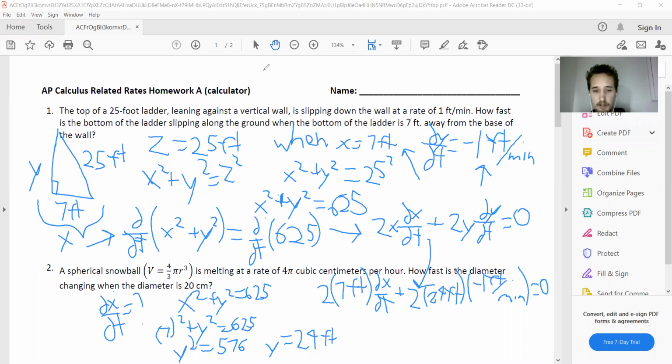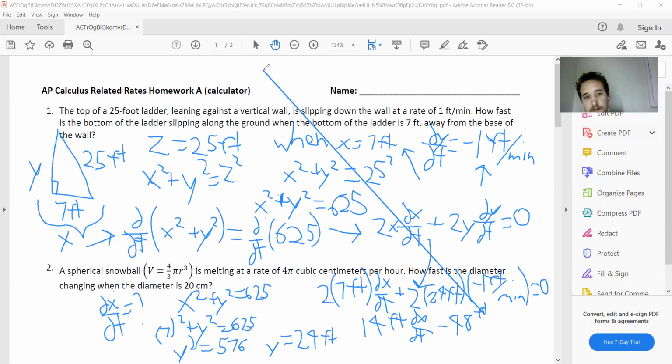Okay. So we get 14 feet dx dt minus 48. When you combine units, you see both feet are in the numerator and the minutes in the denominator. So you get feet.